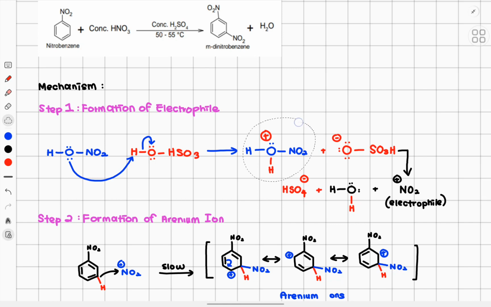The attack of HNO3 with H2SO4 will become a partially positive oxygen ion because the H binds with the oxygen atom here, forming these two different negativity of oxygen ions. The electrophile is formed, which is NO2 plus, and then water as well as HSO4 ions.